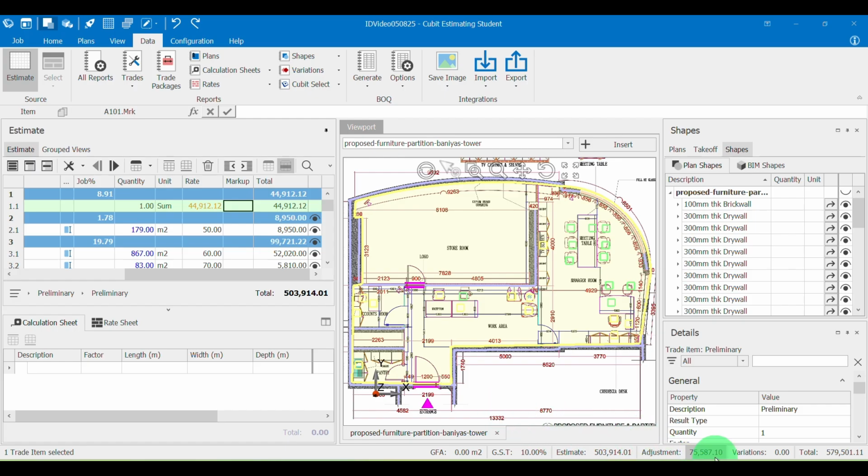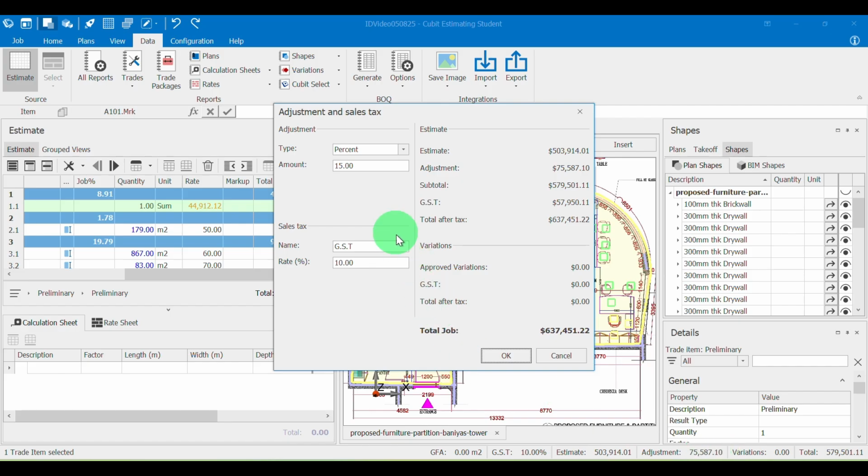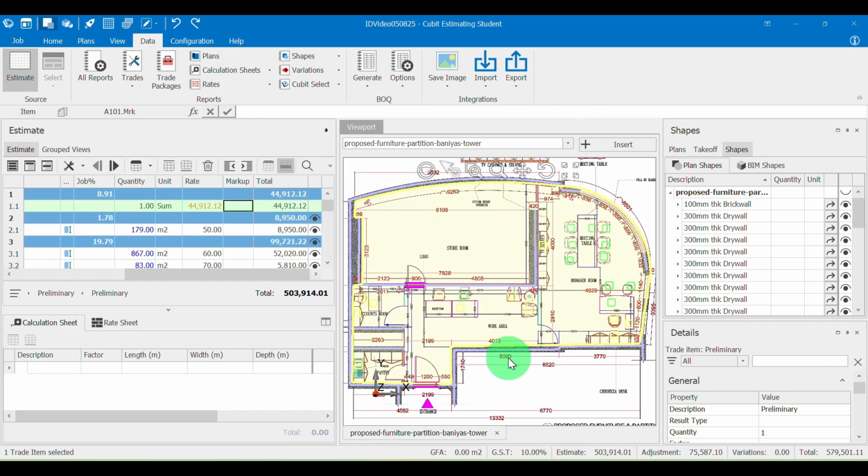To do that, we click adjustment here, and then at the type tab, we change to percent and type the percentage we want to apply. For example, 15% here. So the adjustment is 15%. Markup is around 75,000. I will click OK.